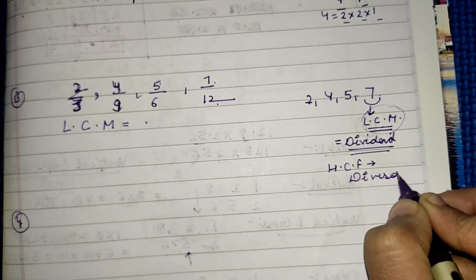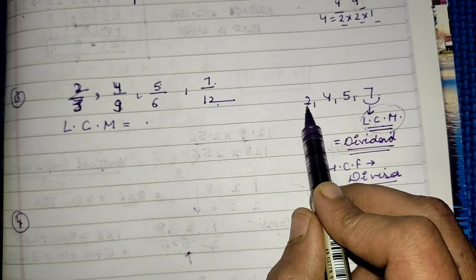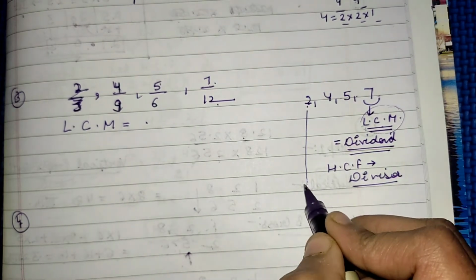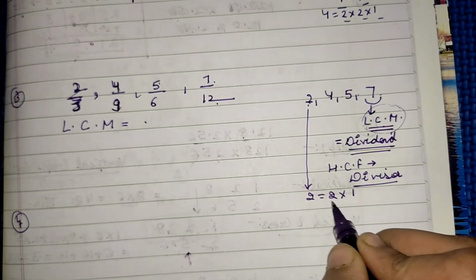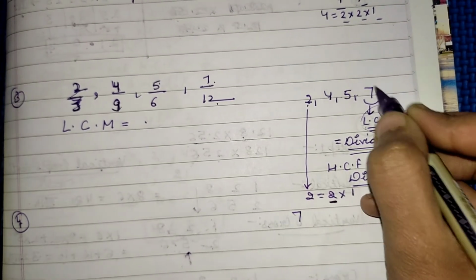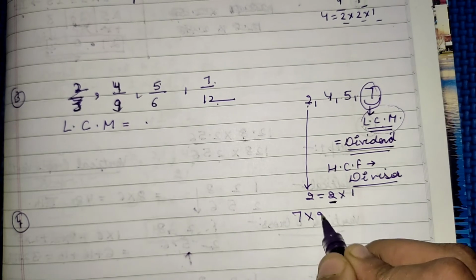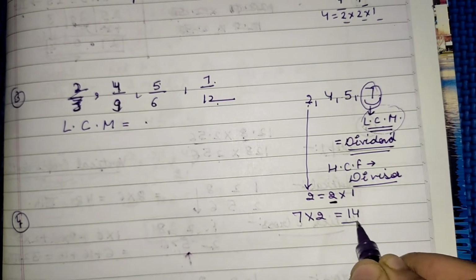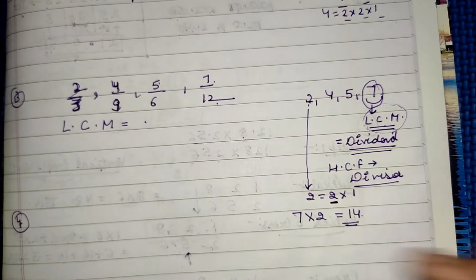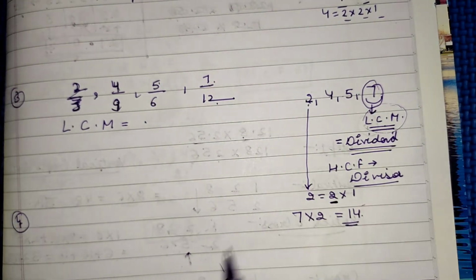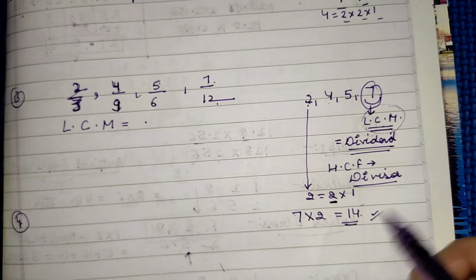So is 7 divisible by 2? No. So we will make the factors of 2, which is 2 into 1, and then multiply our number 7 with each factor. So I will get 14, and 14 is divisible by 2. Yes. So 14 can be my LCM.